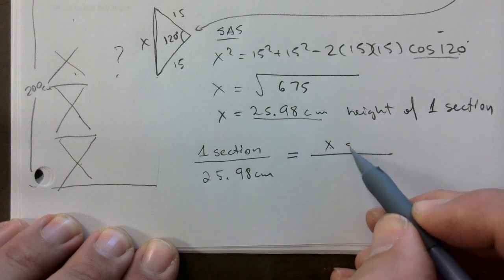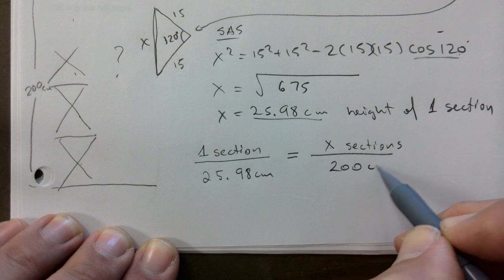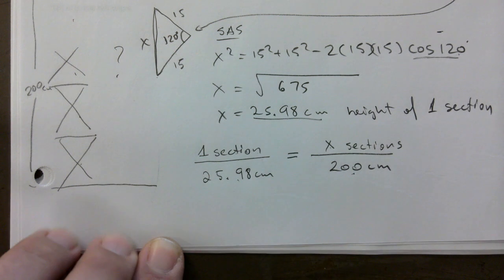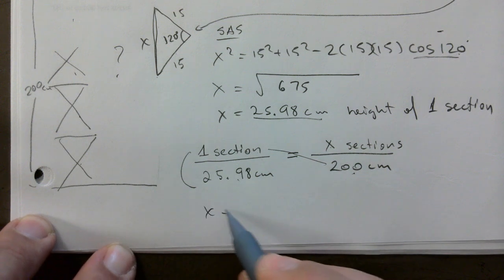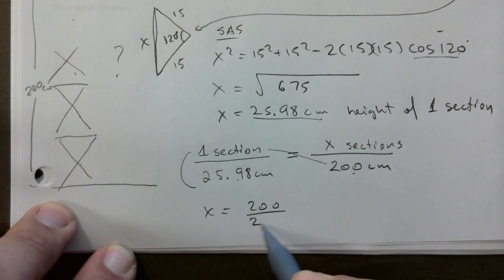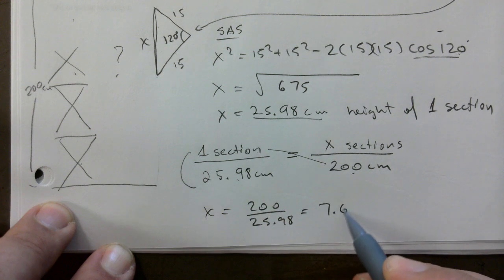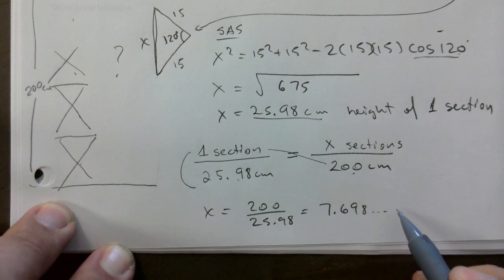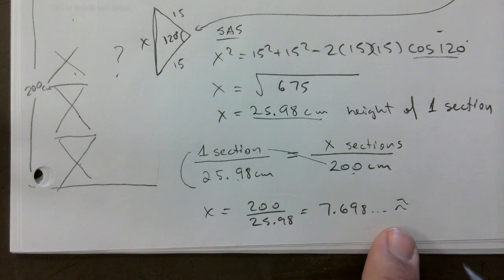So then x number of sections will be needed for 200 centimeters, right? Because I need to know how many sections. Cross multiply and divide. This is 200 divided by 25.98 really. And that is 7.698. So how many sections are you going to buy? 7 or 8? 8, right? You want to have enough for sure.